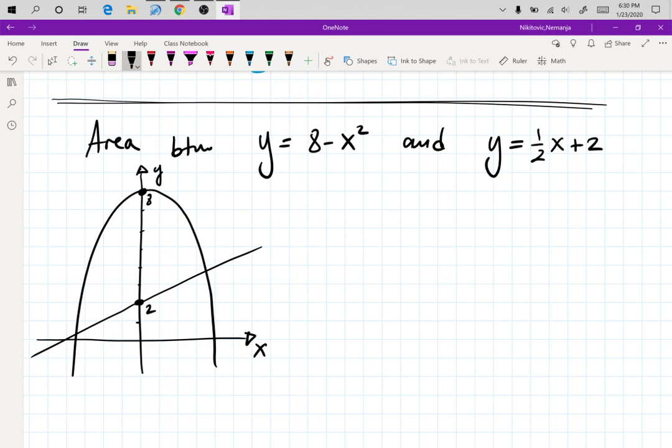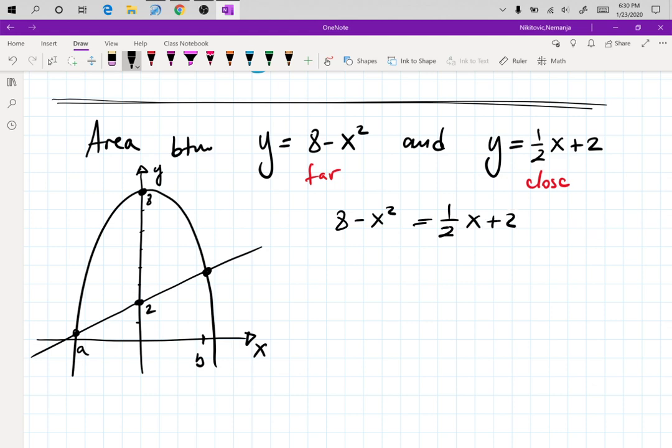What I see on the picture is that if I am using dx, this is far and this is close. So when I set up my integral, it will be the quadratic function minus the linear function in parentheses. Now I need my limits a and b, and the limits a and b are where the intersection of the graphs are. That means I have to set these two equations equal to each other.